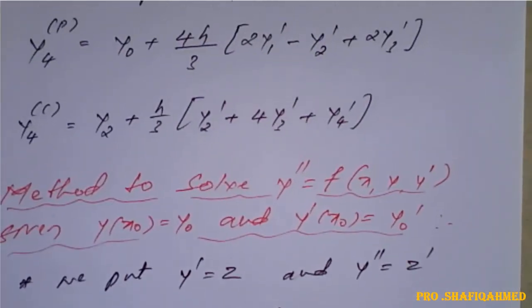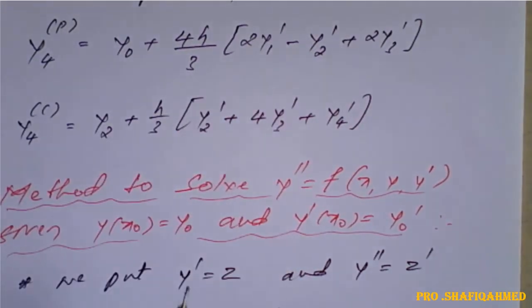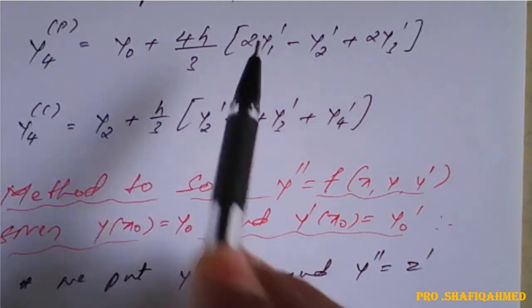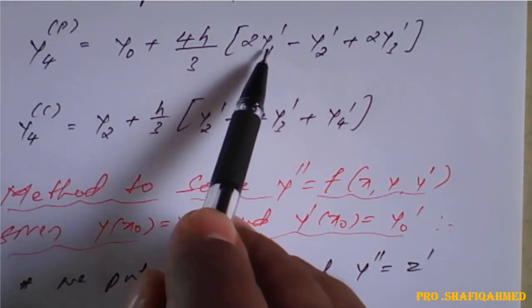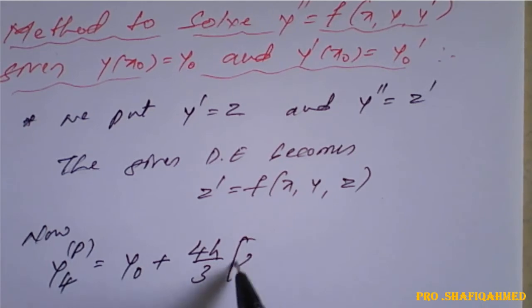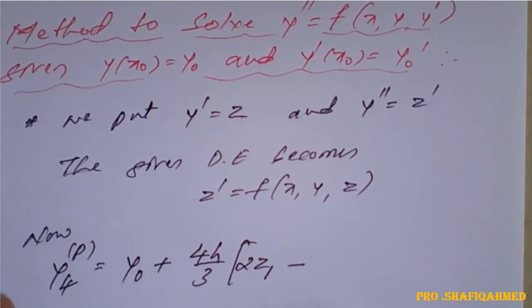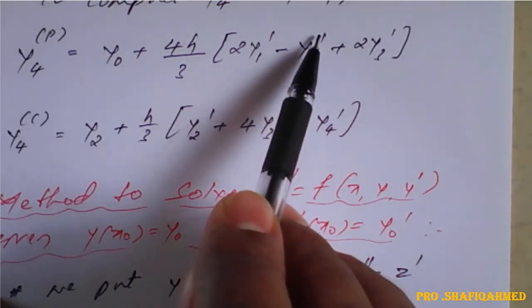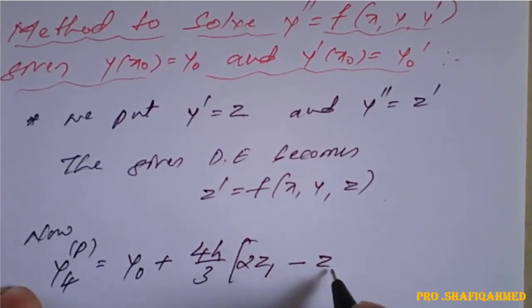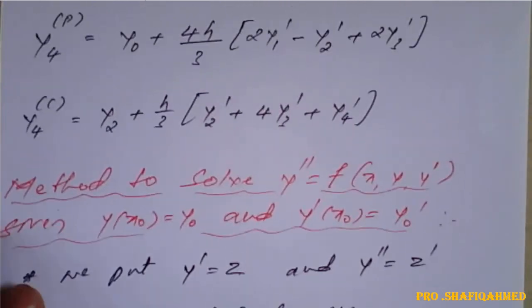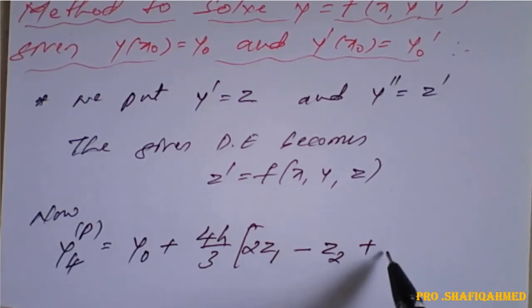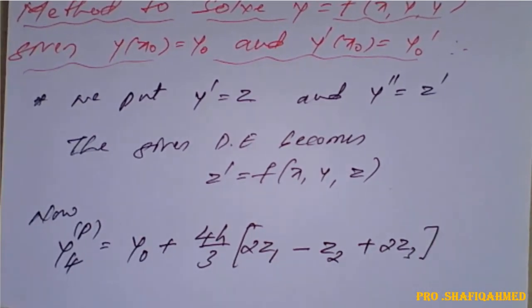So 2 times y1 dash will become 2 times z1, minus y2 dash will become z2, plus 2 times y3 dash will become 2 times z3.